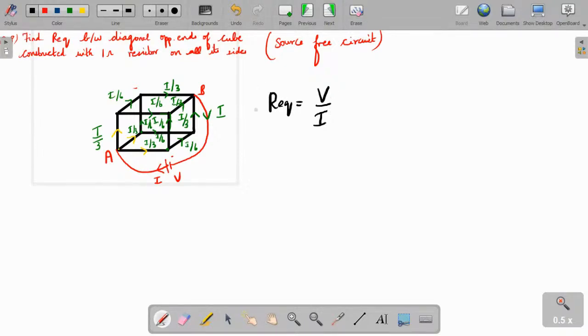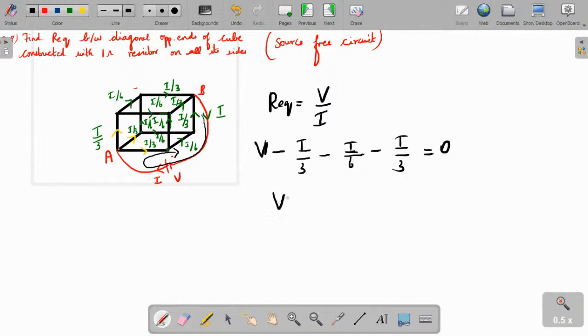I take this outer loop, this is the loop I am considering. What will the loop equation be in this loop? Starting from V, the current is leaving. So V minus I by 3 minus I by 6, again minus I by 3, is equal to 0.